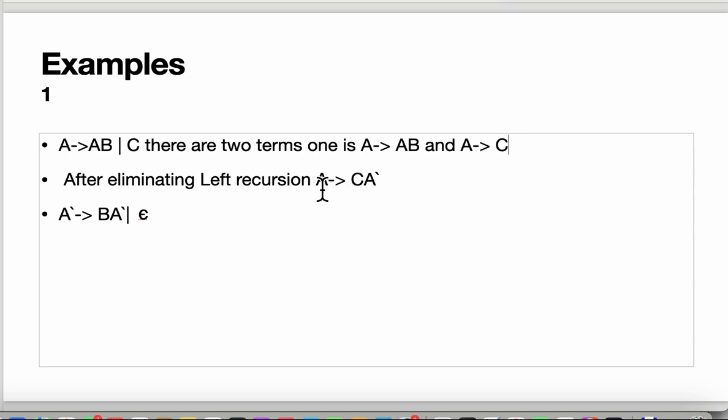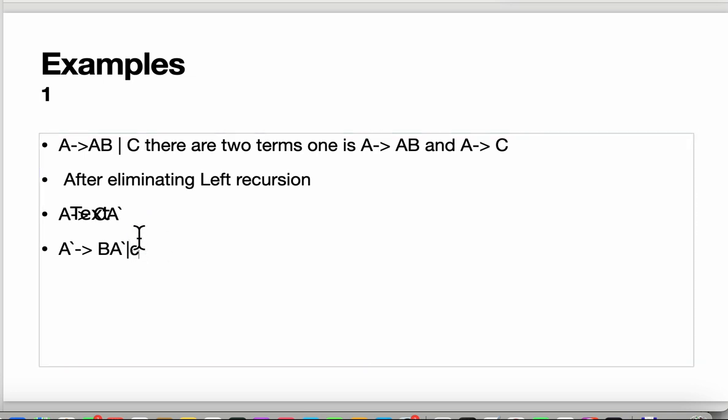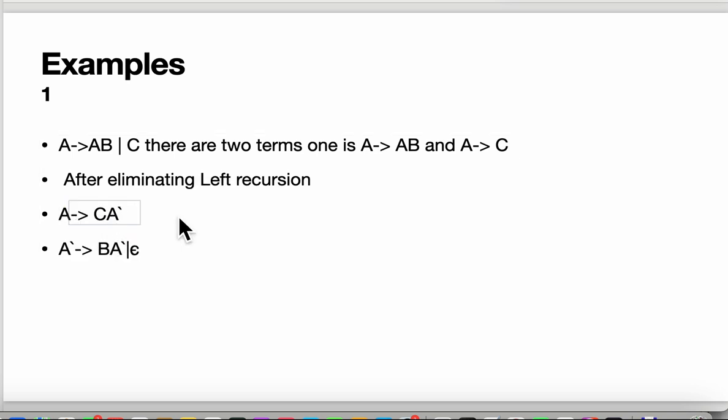We write here A, the term which is not creating recursion, so we take that, means A gives C A dash, and the term which is creating recursion, AB, we write as A dash. You can take X or Y or Z, which is not mentioned in the given grammar. Now I am taking a variable called A dash, a new variable.